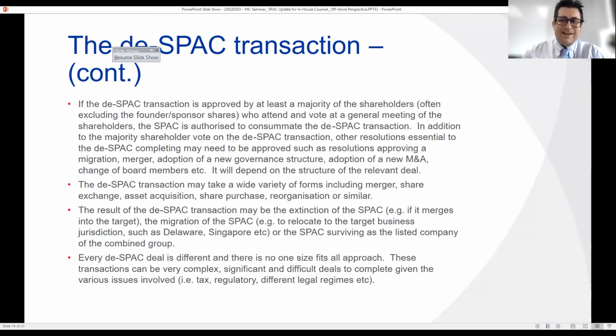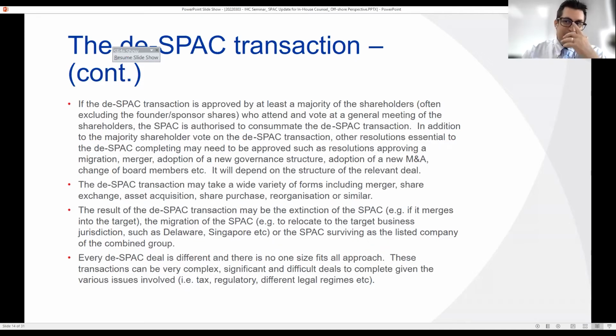Now, in terms of the shareholder vote to approve a de-SPAC, that's not the only important resolution to obtain. It will depend upon what is being contemplated as part of the de-SPAC transaction. So typically, what you will see is that the target business will be located in a particular country. Let's say, for argument's sake, it's Delaware in the US, and the SPAC is a Cayman company.